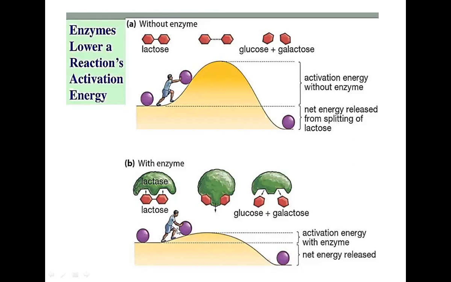But if enzyme is present here, the activation energy will be less. Net energy is released. So he can easily transport this material from this place to that place. So without enzyme, he needs to travel more, and with enzyme, no need to travel, so less energy will be spent.